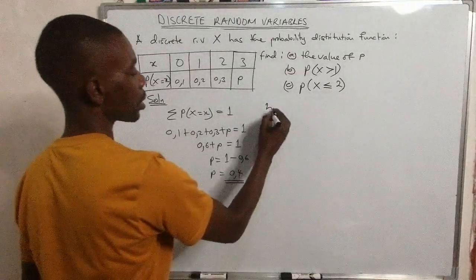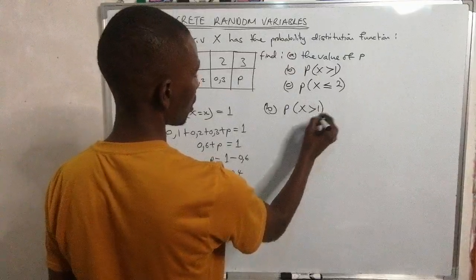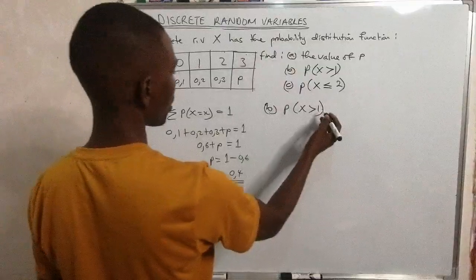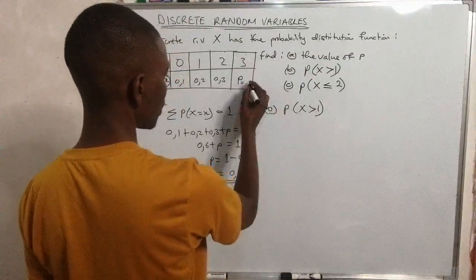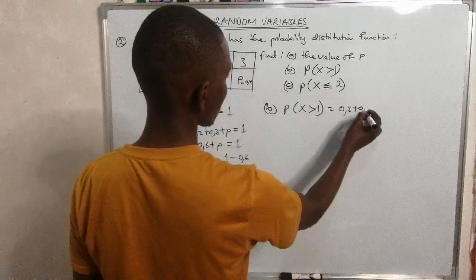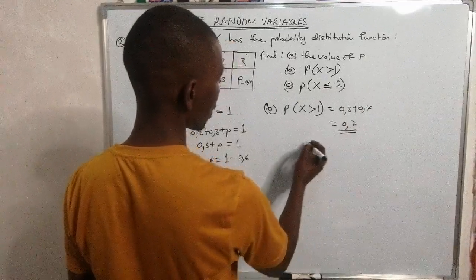Now the probability of x is greater than 1: we take 2 and 3. Using p equals 0.4, we add 0.3 plus 0.4, which gives us 0.7.